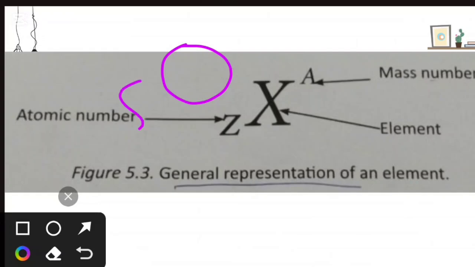The atomic number of oxygen is 8, and the mass number of oxygen is 16. So X is the element oxygen, 8 is the atomic number, and 16 is the mass number.